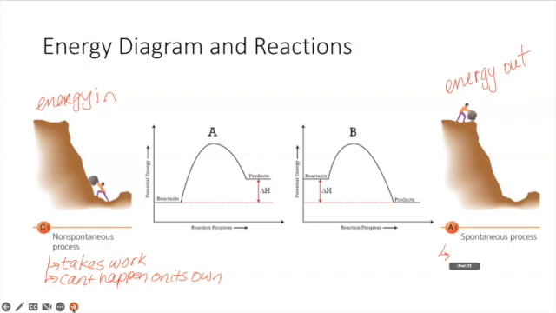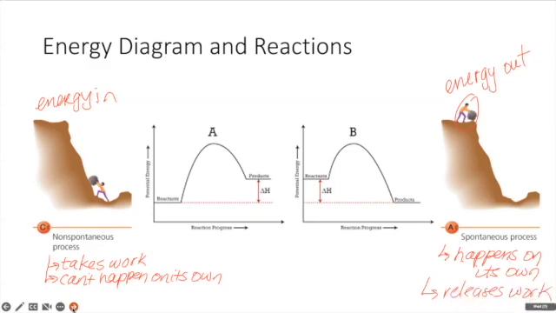Granted, there's a little push, the same with this little man pushing the rock off. There's a little bit of energy, but once that rock gets going, it's going. So this happens on its own, and it releases work.